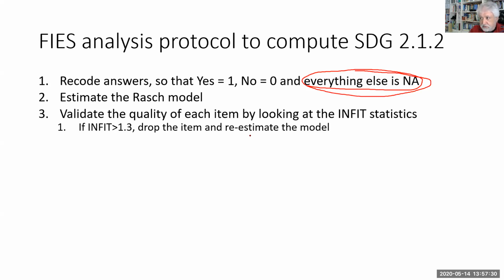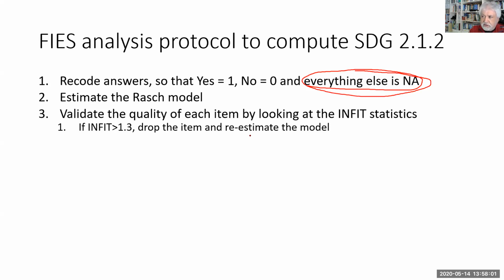There are tabulated data, and the experience and practice in using the Rasch model suggests that if the infit statistics is lower than 1.2, this is an excellent result. If it's below 1.3, you can still keep the item because it will contribute to measure without biasing the result.